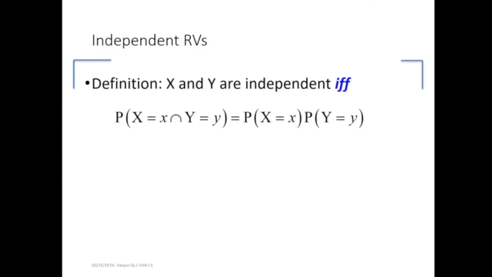The last one is about independence and conditional independence. X and y are independent if and only if the joint probability equals the multiplication of the marginals. This is a sufficient and necessary condition.